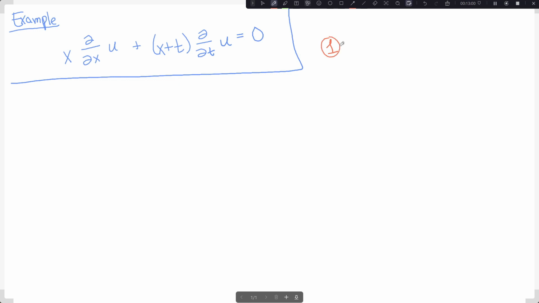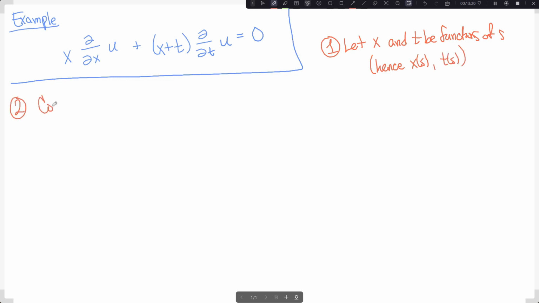So step 1 is let x and t be functions of s, so hence x(s), t(s). Step 2 is compute d/ds of u under the assumption that the inputs of u actually depend on s now.